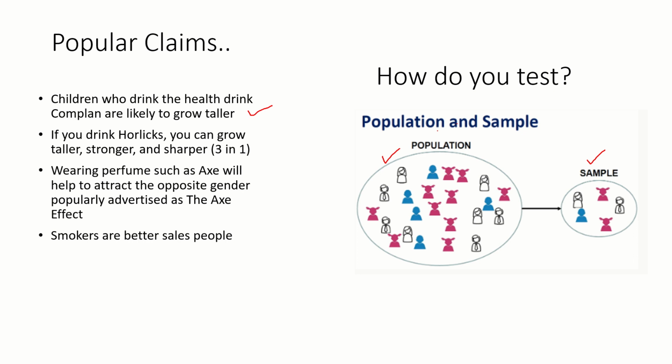You can compare whether they are growing in height or not. There will be a difference in mean, in average. This difference is natural. But the difference between the means of the two groups of children, is that difference significant? That you have to test.